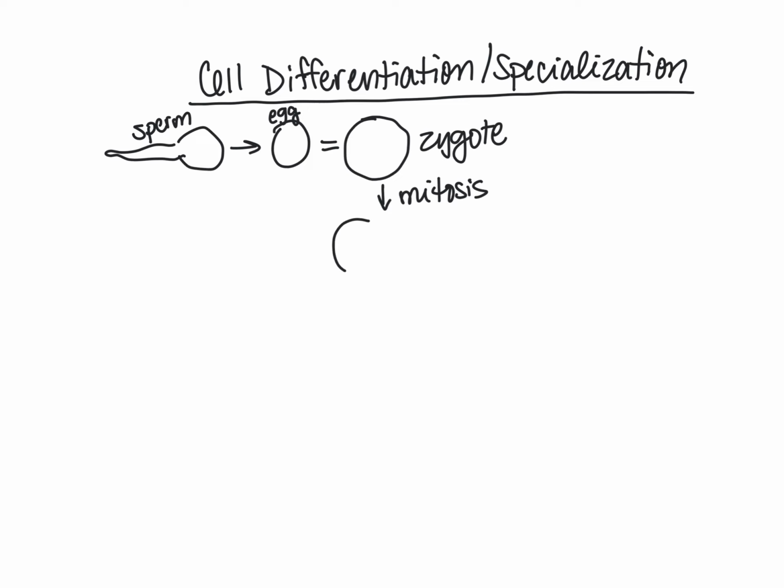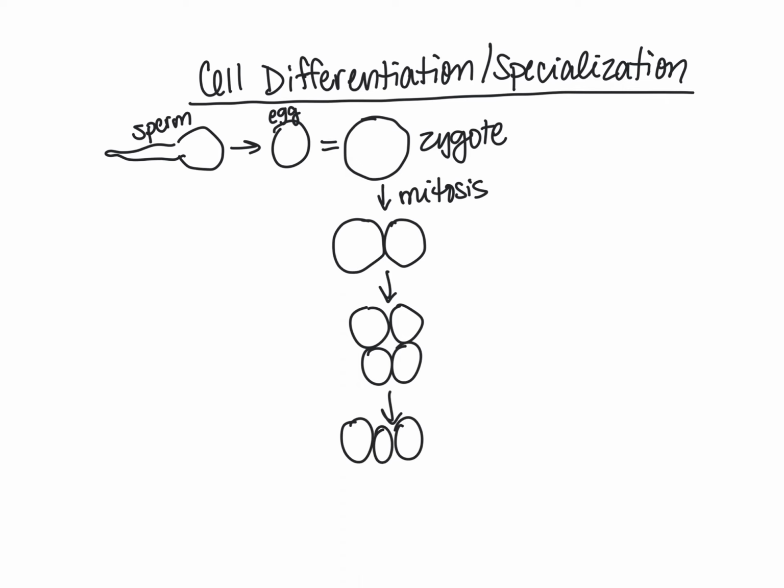And so that one cell is going to form 2 cells. 2 cells forms 4 cells. 4 cells forms 8 cells, et cetera, et cetera. And so this mitosis is going to keep happening over and over again. And that's where we ultimately end up with a morula and then a blastula.